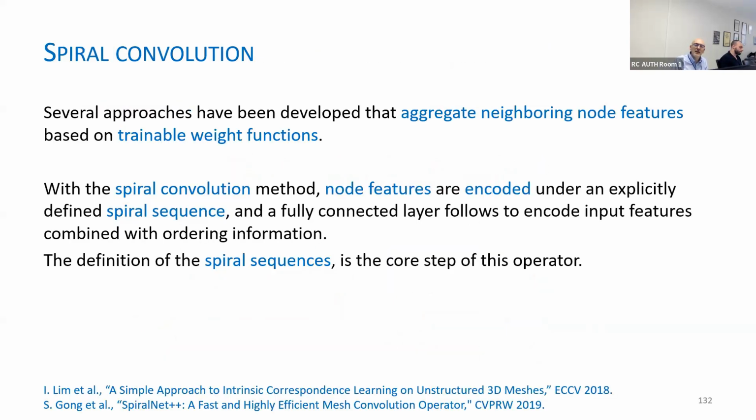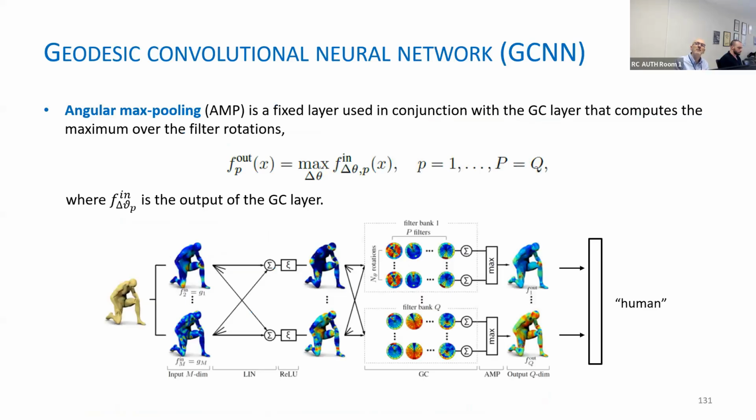As another proposal here, I put also this work that resulted in a quite successful way of performing convolution, which is specifically adapted to meshes, because the previous method, this one in general, can be applied also to non-meshes, to a general continuous surface, because here we do not have a clear definition of points of connection.